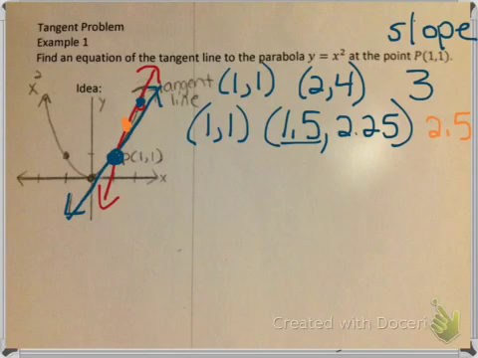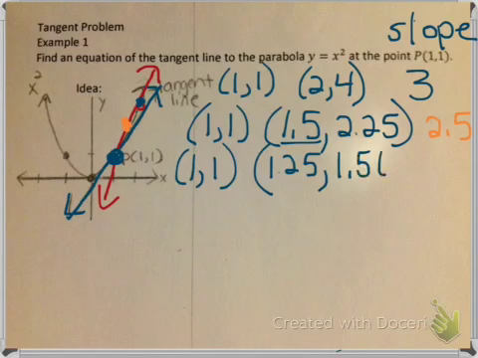If I continue to do this, I bring my point even closer, let's say at 1.25, and the y value would be 1.5625. That's the pink point, and if I connect the pink point and (1, 1), the slope of that new line is 2.25.